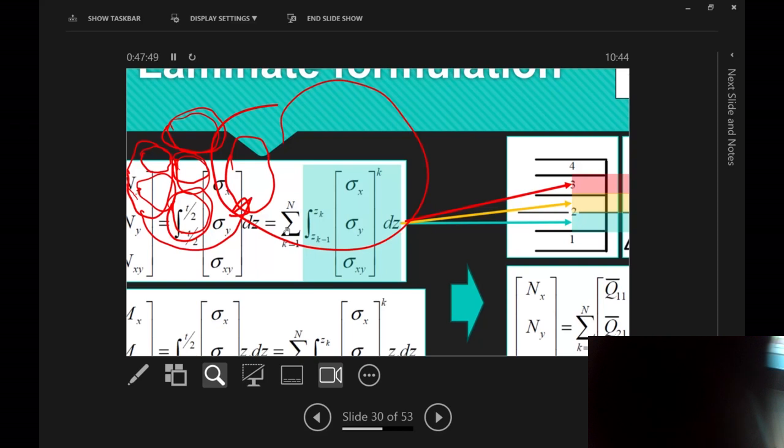If you've got 100 plies, which is the case with the wing skin, for each ply this holds true. For each ply, you need to find the thickness of each ply times its stress, which will give you the force in that ply, because later on we'll see when we decide that the composite fails. We need these kinds of things.